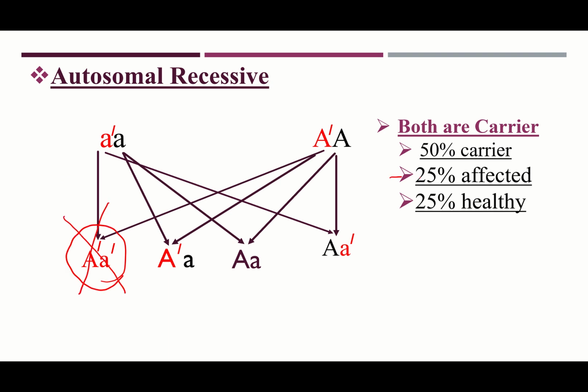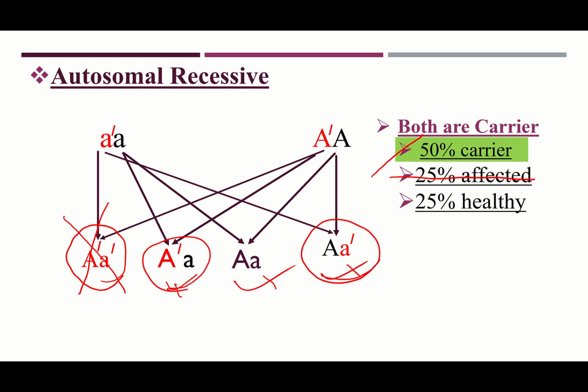This outcome is not valid for Zoe. So what are the outcomes available for Zoe? 1, 2 and 3: 50% being carrier and 25% being healthy. So her outcome will be measured in 3 possible routes, and of those, two outcomes are of her being a carrier.